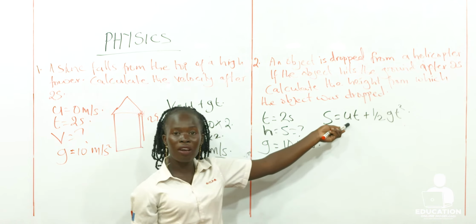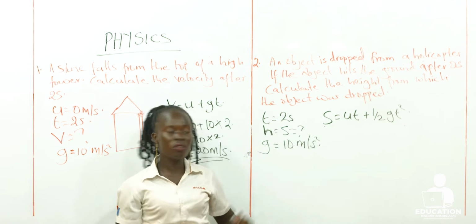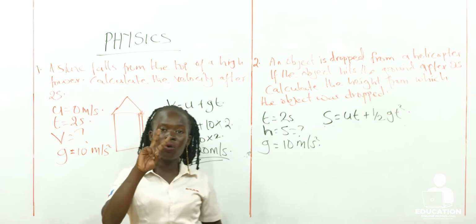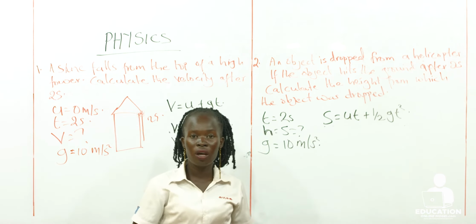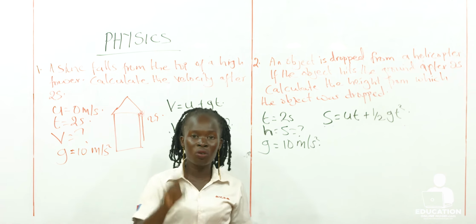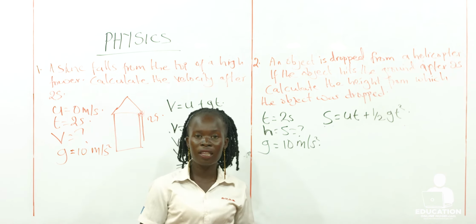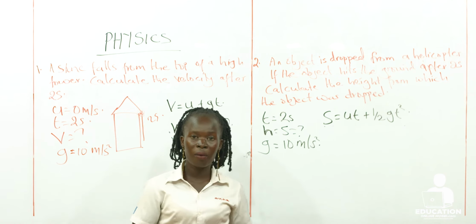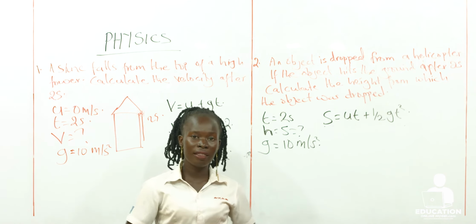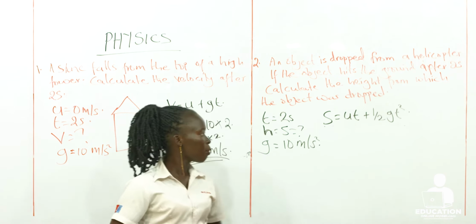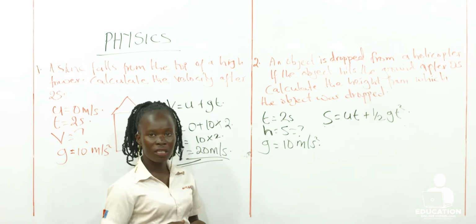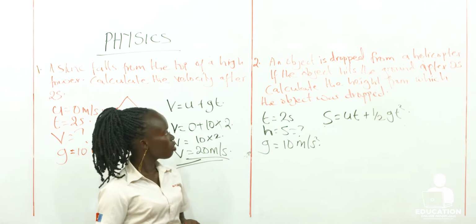We did not summarize what is the value of u, because if you leave u like that without a value, you've got two unknowns in your equation. And when you work out an equation with two unknowns, your answer will also end up unknown. So to eliminate the unknown, we try to find the value of this initial velocity.